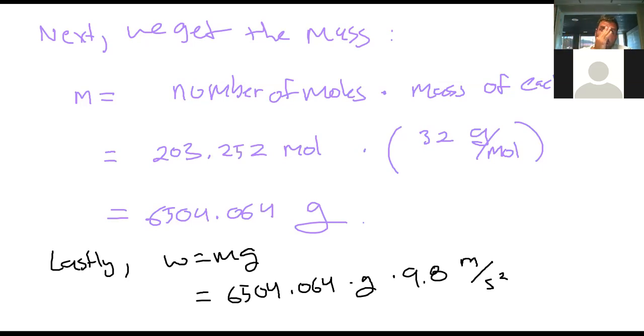So if we want to use newtons, we need to write our mass in terms of kilograms instead of grams. So that's not hard to do. You can either move your decimal point down, or you can go to Google and say, what is 6504.064 in kilograms.